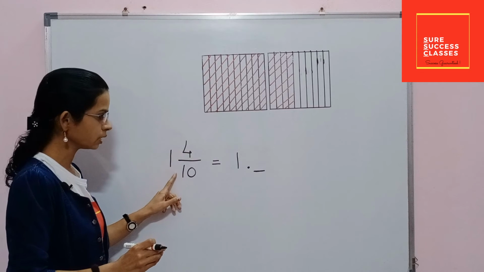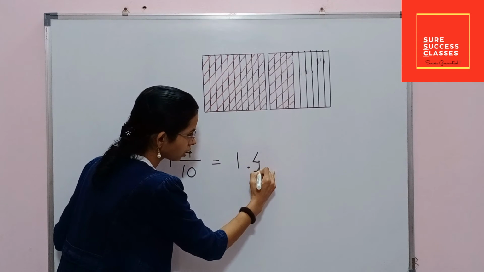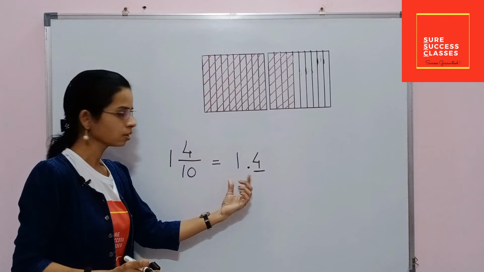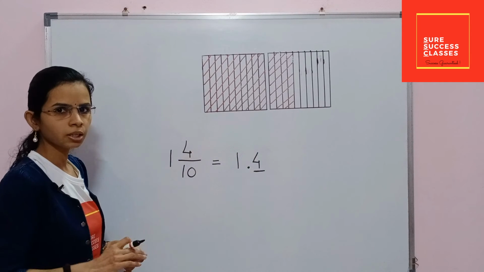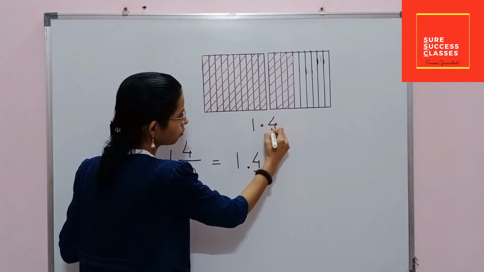Here this 4 is at the 10th place, so we will write 4 after the decimal point, and we read it as 1.4. Means this figure represents the decimal 1.4.